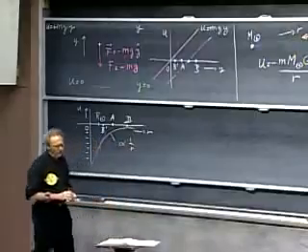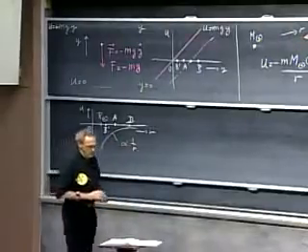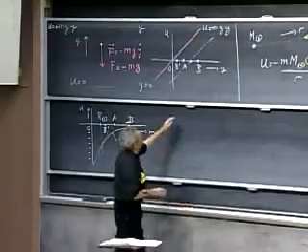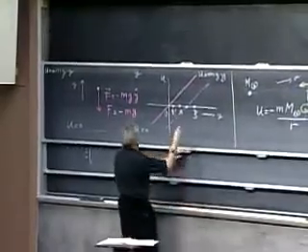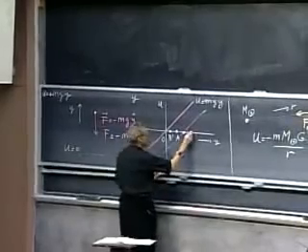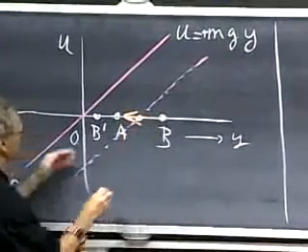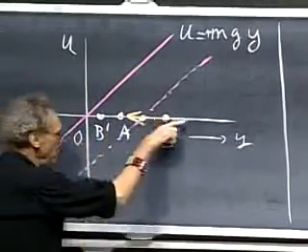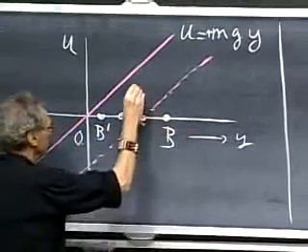The gravitational force is in the direction opposite the increasing potential energy. Notice that when I'm here, the gravitational force is in this direction. Increasing potential energy is this way, the force is in this way.